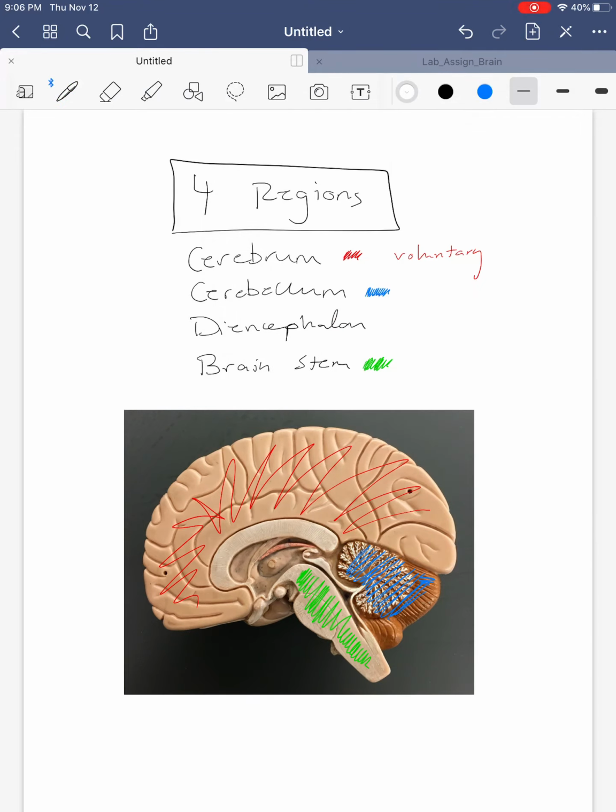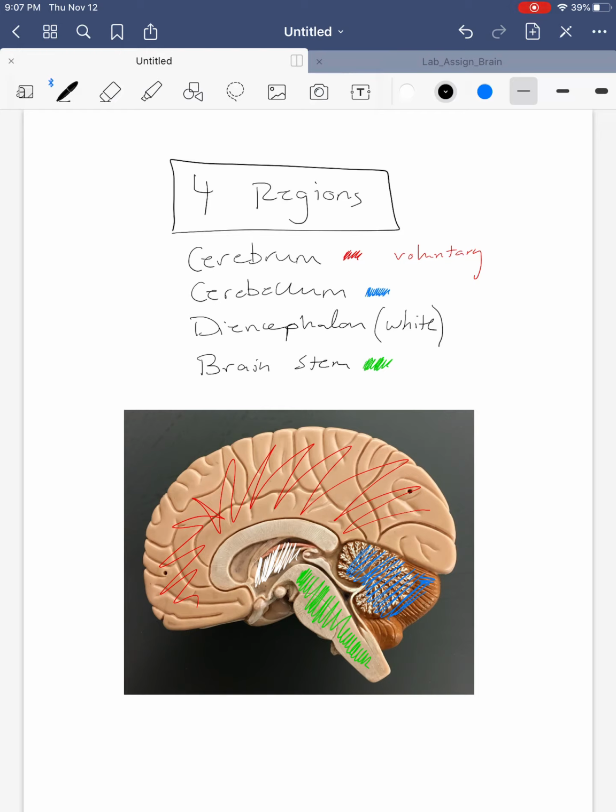The last part is this middle section that we call the diencephalon. So it's kind of in the middle, and I've put it in white. I know if I put white there on white, you're not going to be able to see it. So I would start there, all right?